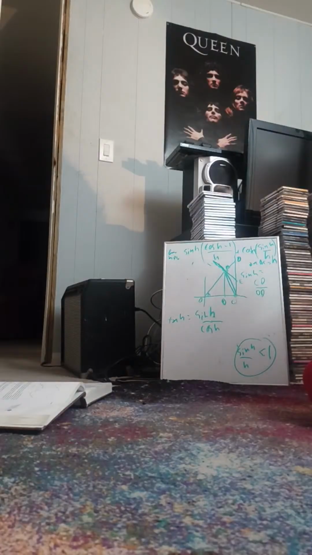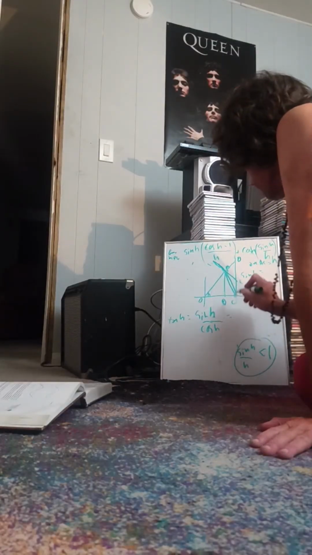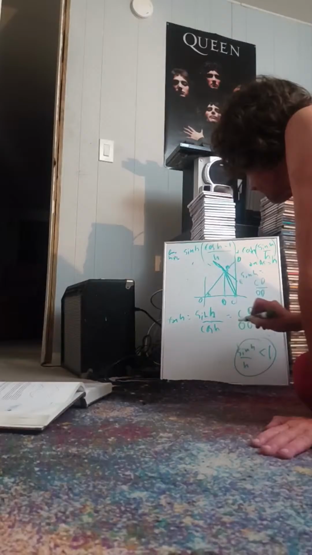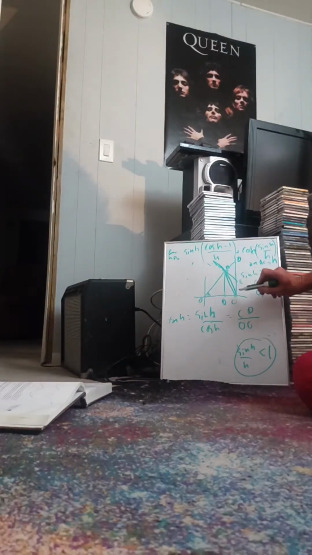And tangent of h is also equal to CD over OC. It's this big thing up here divided by this longer thing down here, which is OC, and this whole thing up here is CD. All right, let's go with that.